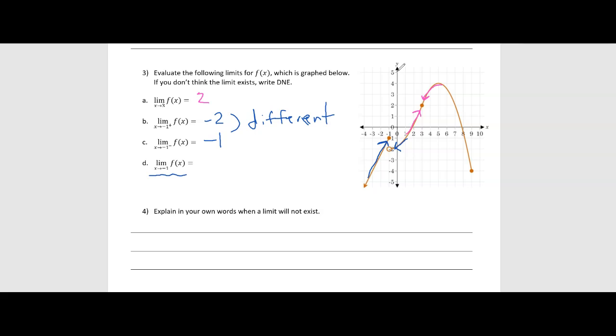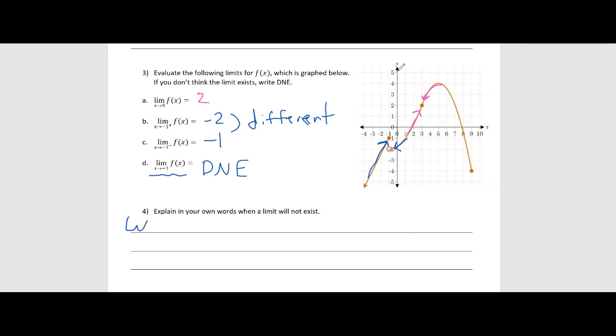So the actual limit, or the regular limit for f of x as x approaches -1, does not exist, because the one-sided limits are different. And that's the first key thing that we need to understand about limits, is that for them to exist, the one-sided limits must be equal to one another. So it says, explain in your own words when a limit will not exist.